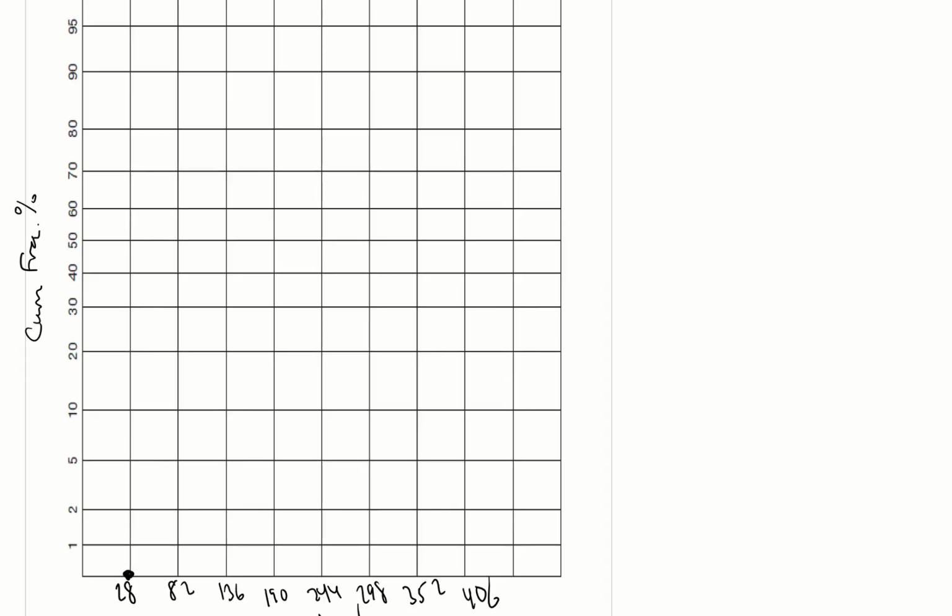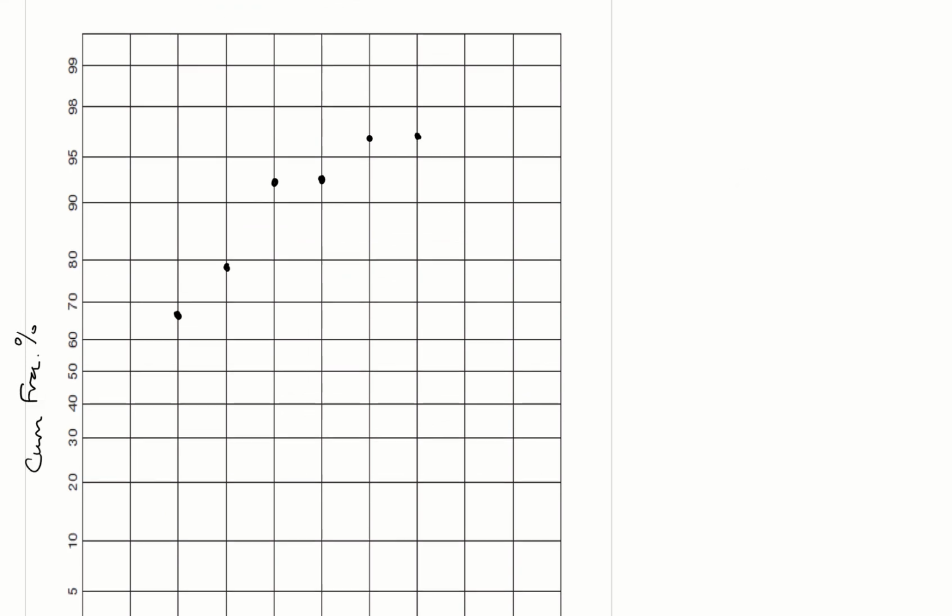So 0 for the first one, the second one is 67-ish, the next one is 79%, just close to 80, and then 92, and then another 92, then 96, and another 96, and then 100 for the last one.